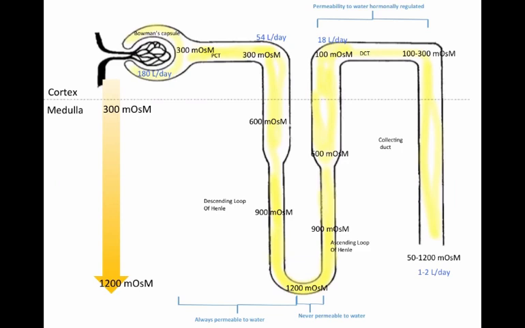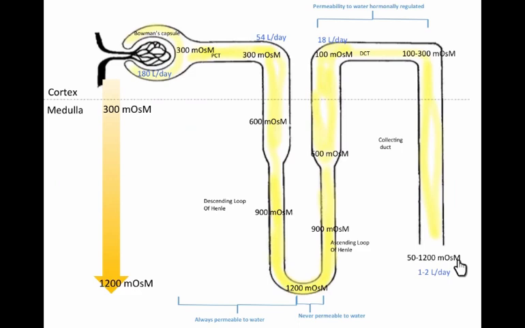And then as the fluid moves down the collecting duct, we have quite a variable amount of water reabsorbed depending on the state of hormones, which is going to depend on your blood pressure and state of hydration. And we could end up with urine that's anywhere between 50 and 1200 milliosmolar.